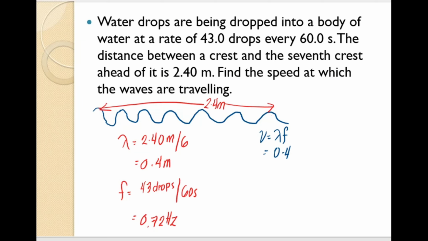Velocity equals lambda f. Our lambda is 0.4 meter and the frequency is 0.72 hertz. Our answer is, we have now 0.29 meters per second.